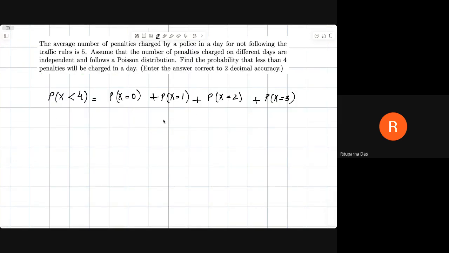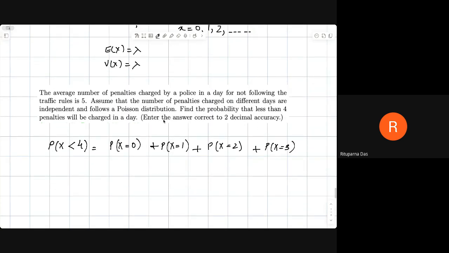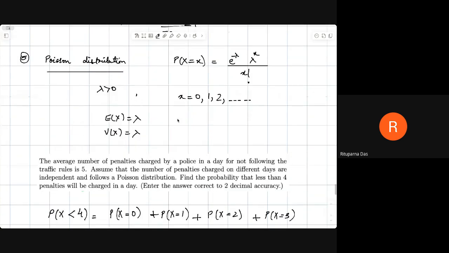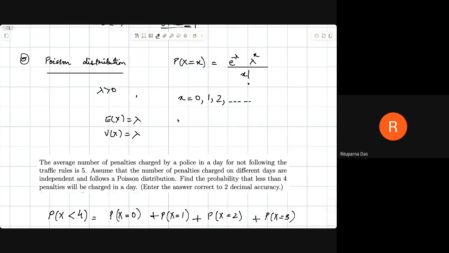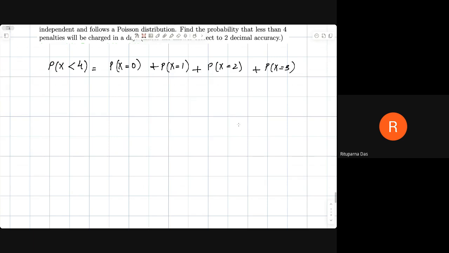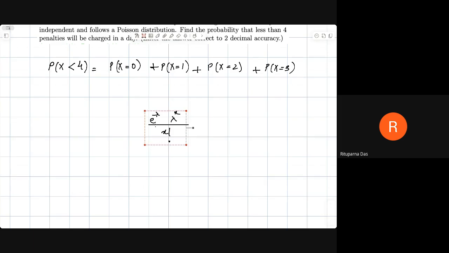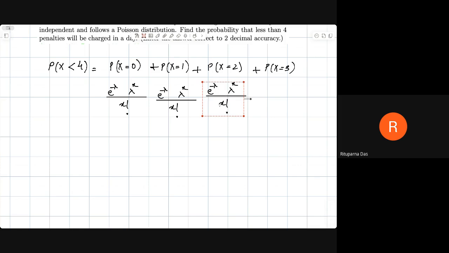Okay, so we have been given the values. We are going to put the values of lambda and e.